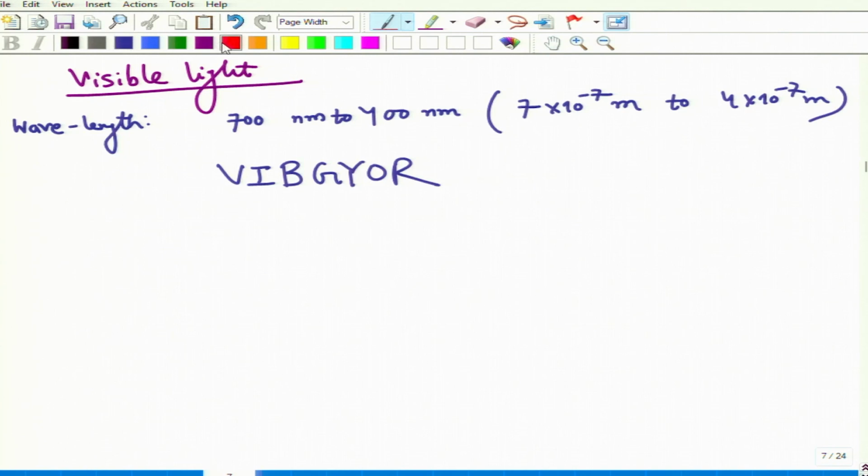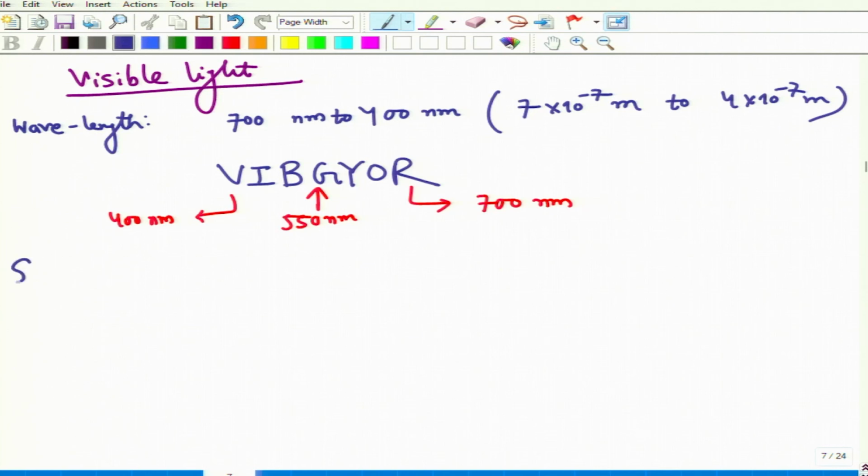So red is around 700 nanometers and the violet is at 400 nanometers. In between are the different colors. We can say green is around 550 nanometers, if I am not wrong, yes, 550. So if there are electromagnetic waves of wavelength, let's say, 420 nanometers, that will stand for a violet or purple-like color. Okay, so these are the colors of visible light.